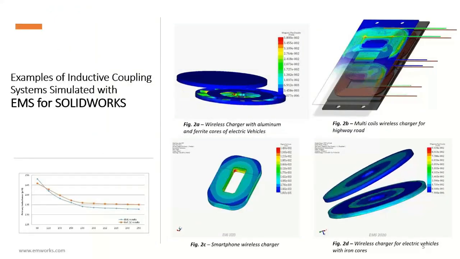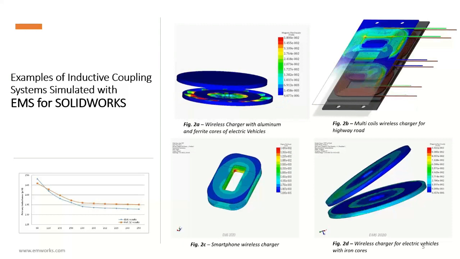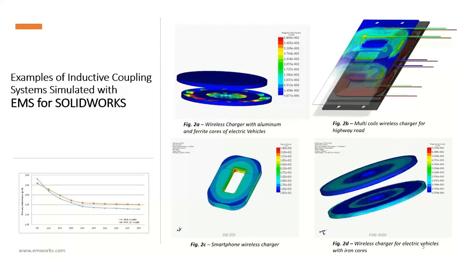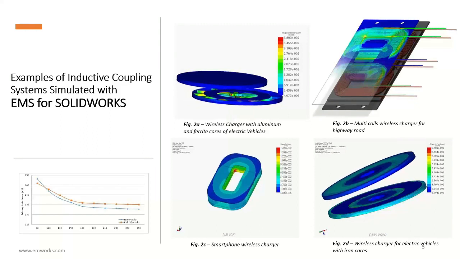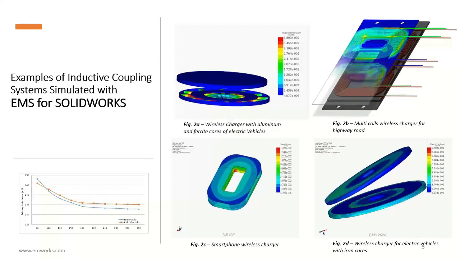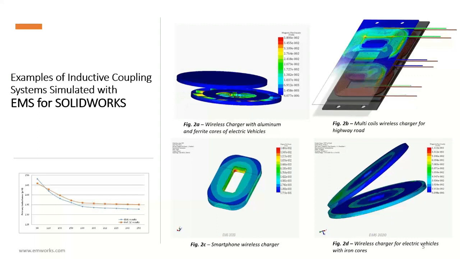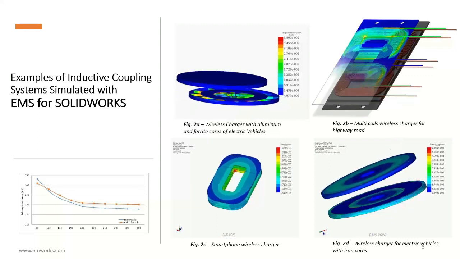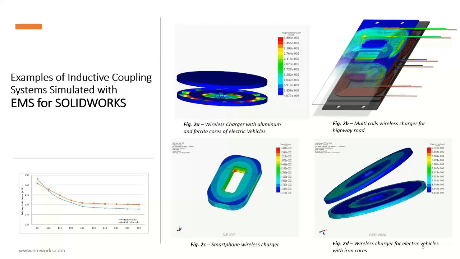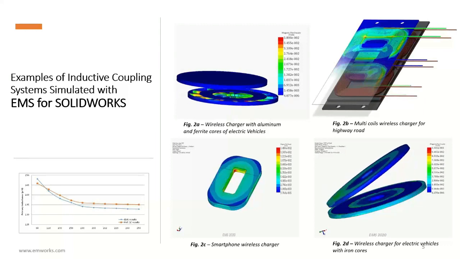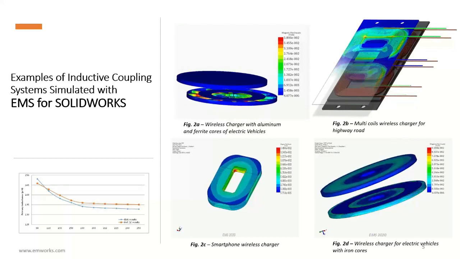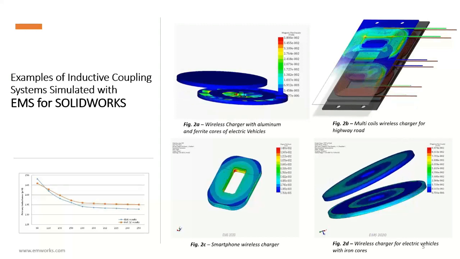Some examples of inductive coupling models are shown in this slide. We use EMS for SOLIDWORKS to simulate them. Different topologies of wireless chargers used in electric cars can be simulated, and their specifications can be studied using EMS. We have in figure 2A a wireless charger with aluminum and iron core used to charge an electric car battery.